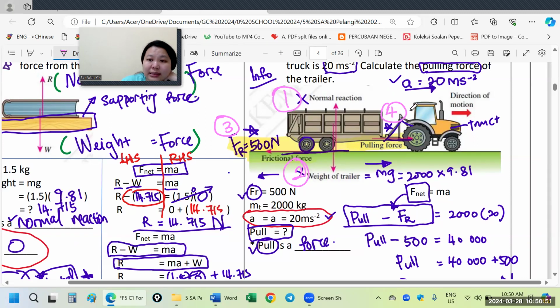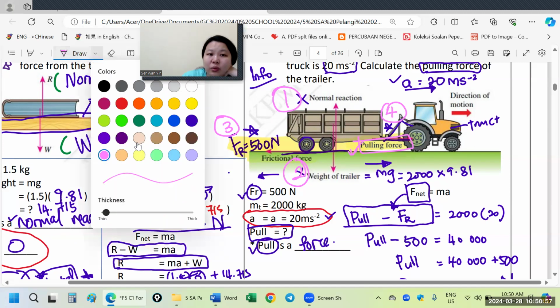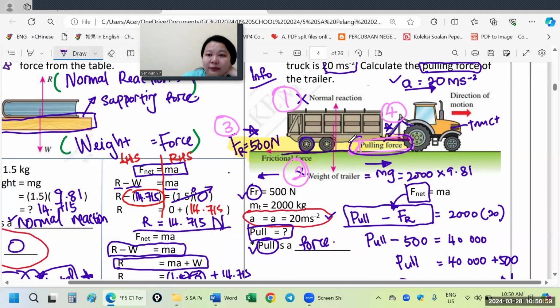But since they are asking for the pulling force, we just look at the other one parallel to the pulling force, which is the frictional force. So in this case, we just use 3 and 4 only. They are parallel. Even though the direction is different, they are parallel.